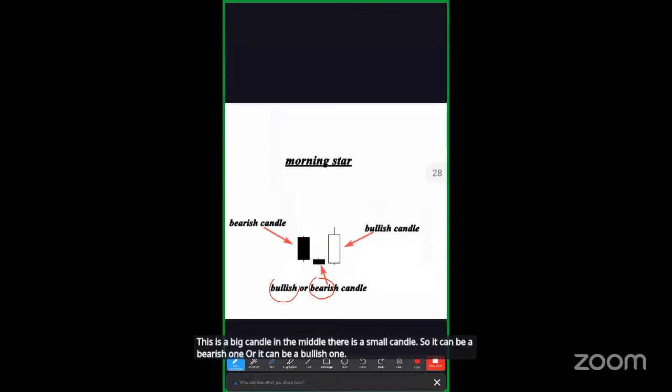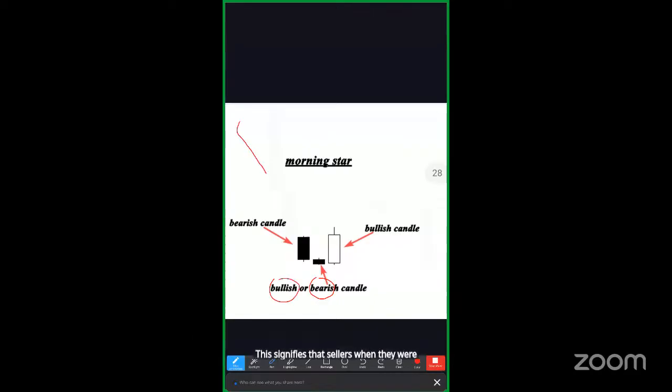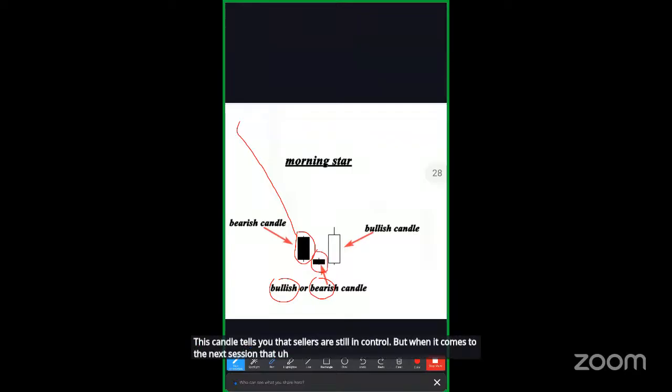This signifies that when sellers were coming from the top with price, this candle tells you that sellers are still in control. But when it comes to the next session that follows, sellers are failing to go with the same speed that they were using in this first candle. So this signifies that sellers are losing momentum.